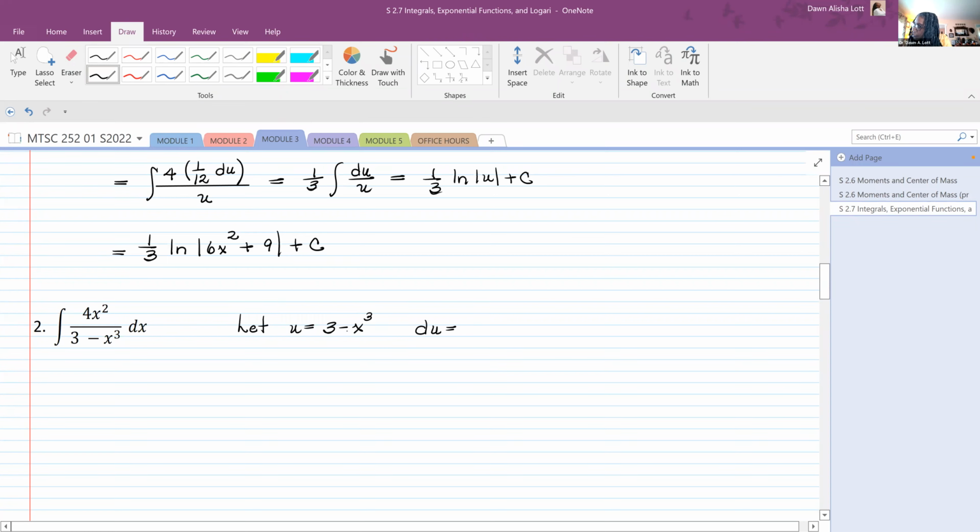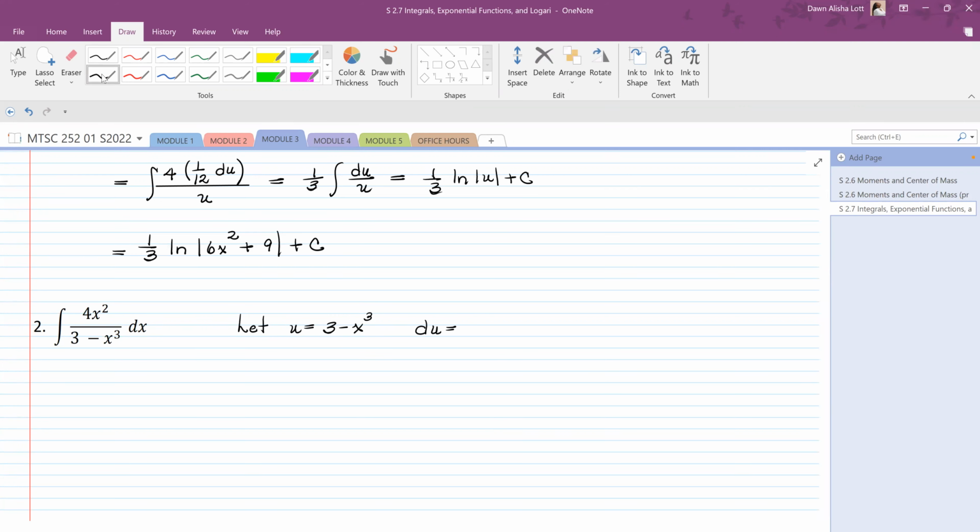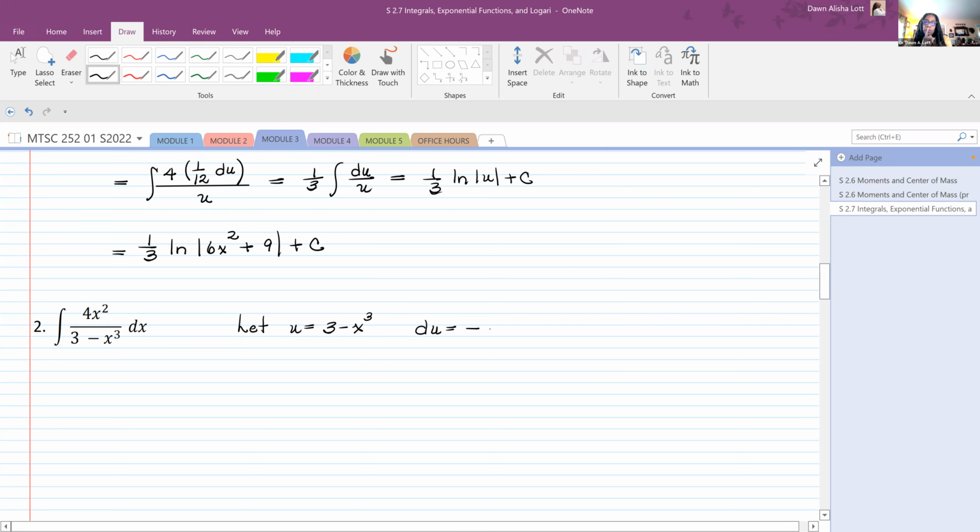How do you take the derivative of negative x cubed? First off, the negative has to be there. Would it be 3x squared? Okay, 3x squared. So we take the 3, subtract 1 from the exponent, which gives us 3x squared, and what's missing? dx. Okay. So therefore, what is x squared dx? -1/3 du.